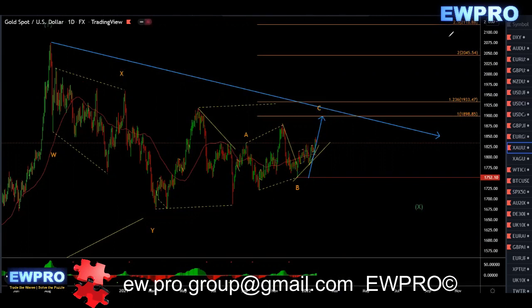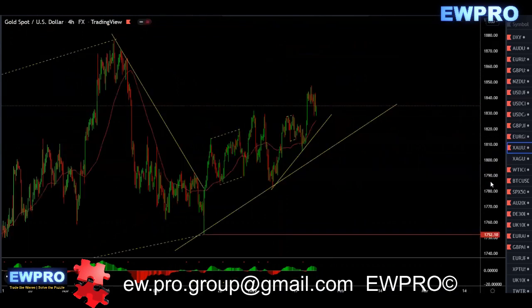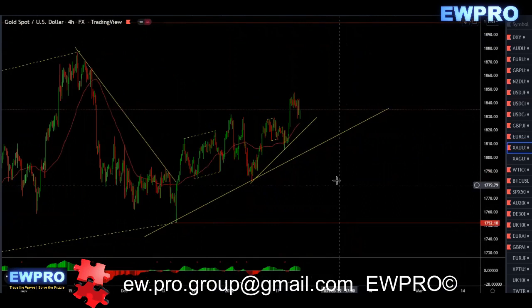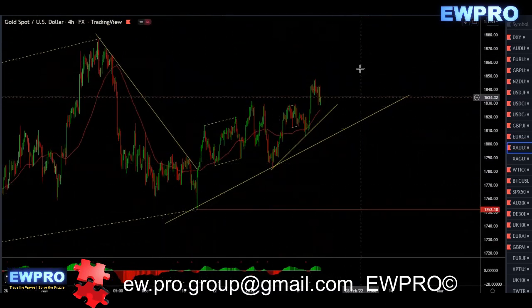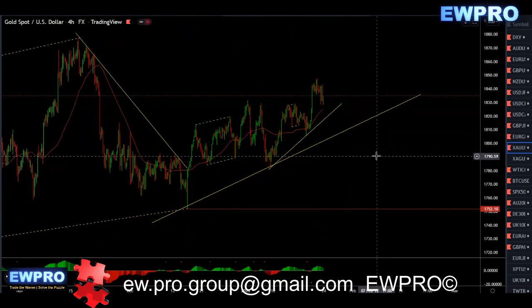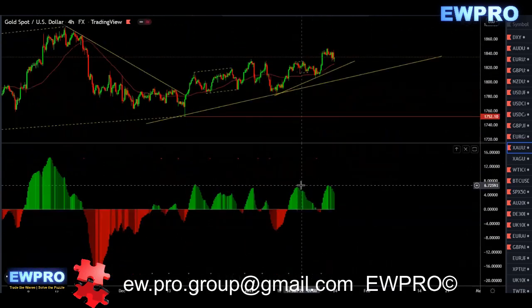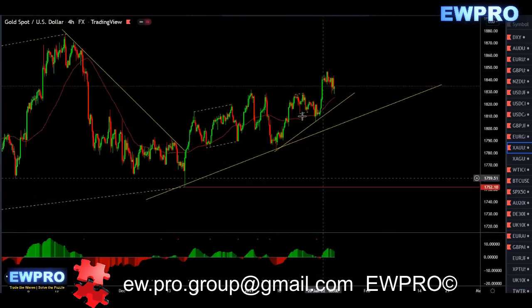Now we're not sure what we're going to get. It's so choppy in here. It's looking so corrective. We're getting bearish divergence. Because this is looking so corrective, it's risky to buy. We don't have any bearish divergence between the last two.